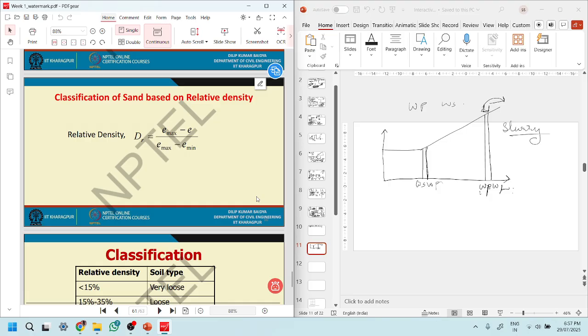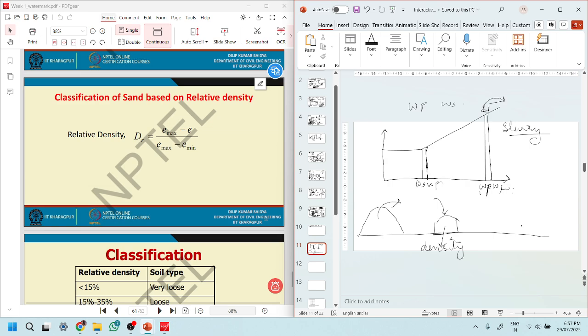Okay, so you have a sand. I take it from the field and I loosely pour it in a mold. I'll check the density when I have loosely poured this, and then I will put this on a shake table and I will vibrate it such that these particles will slip and fill the voids.